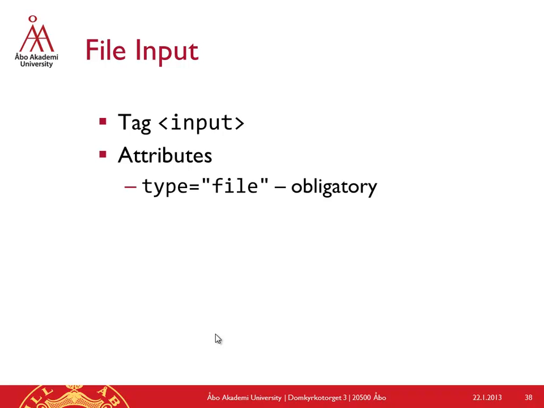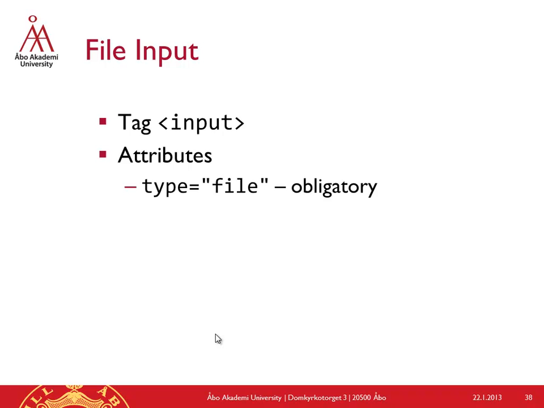File input. Well, this is quite simple because it's composed from the same well-known tag input, but it requires the obligatory attribute type equal to file. It will be shown like a small text line with a Browse button. You can click this button and you will see an open file box.